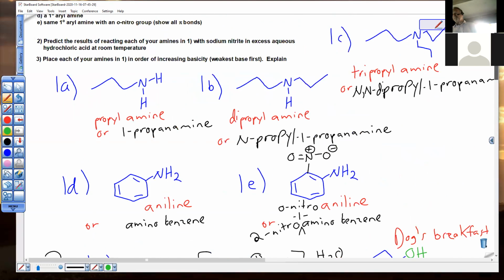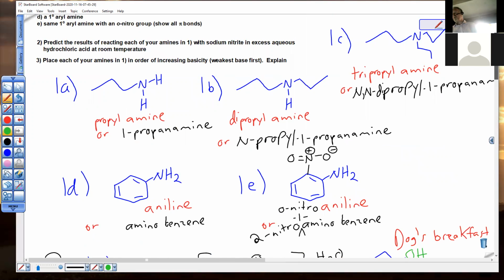And we had another part here. Place amines in 1 in order of increasing basicity. Well, we have them all on the screen here. There's 5 of them, and we'll put weakest base equals 1, strongest equals 5. And our strongest base is right here.